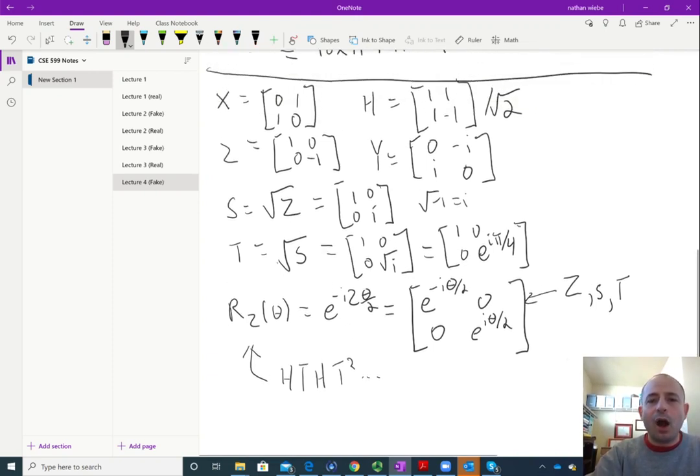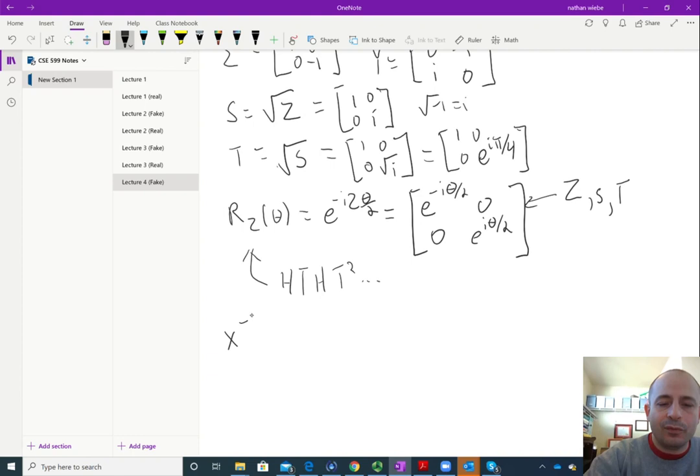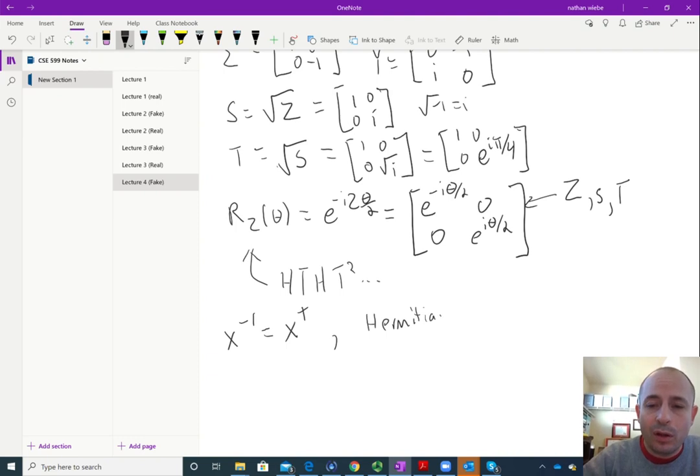First off, all of these gates, as I mentioned before, are unitary, meaning that X inverse, for example, is equal to the X conjugate transpose. And actually, many of these gates are also Hermitian. A Hermitian operation satisfies A equals A dagger.